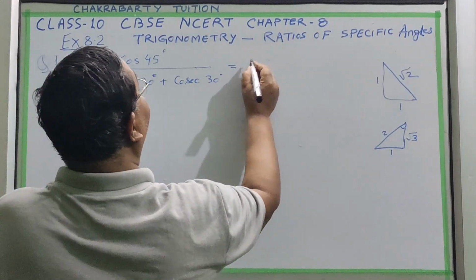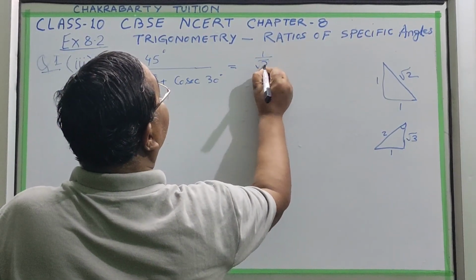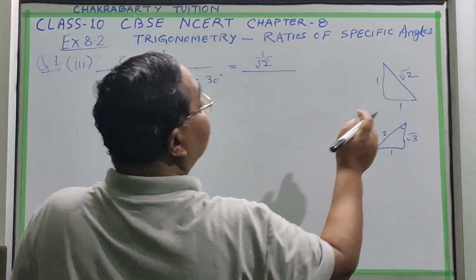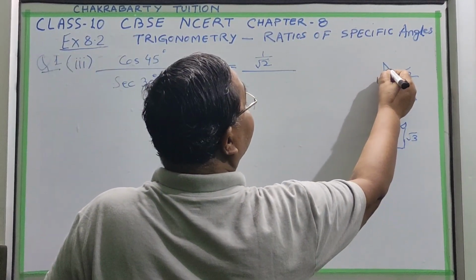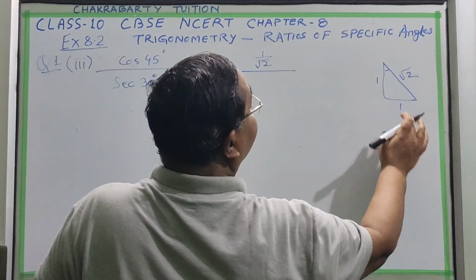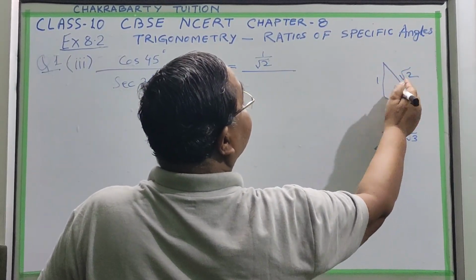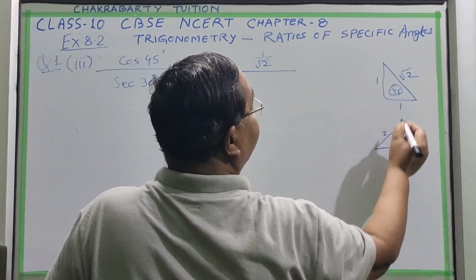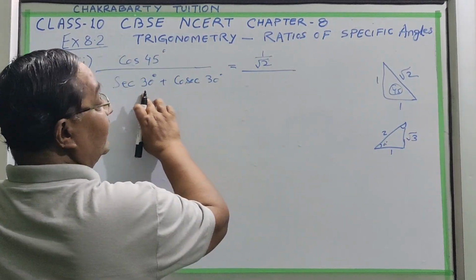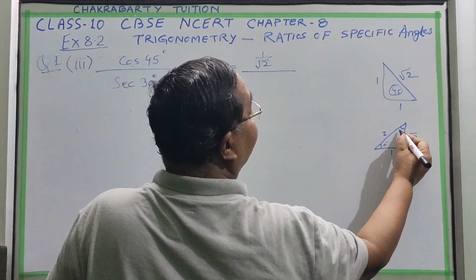So it will become 1 upon under root 2. And here sec 30. So for sec 30, it is the 45 degree diagram and it is your 60 degree diagram. Okay. So for sec 30 we are looking from here.